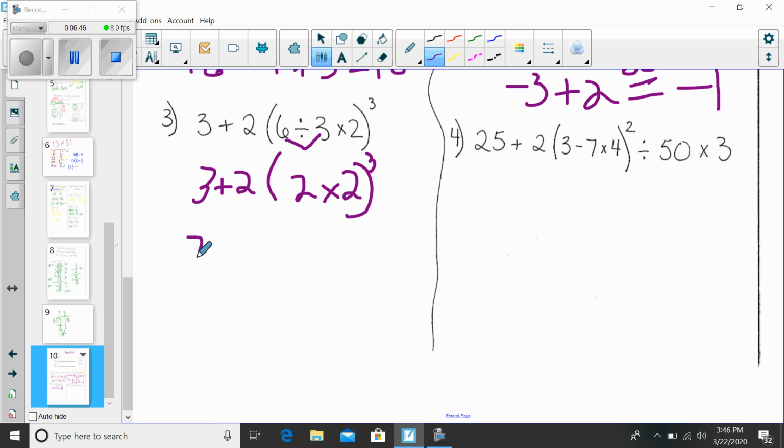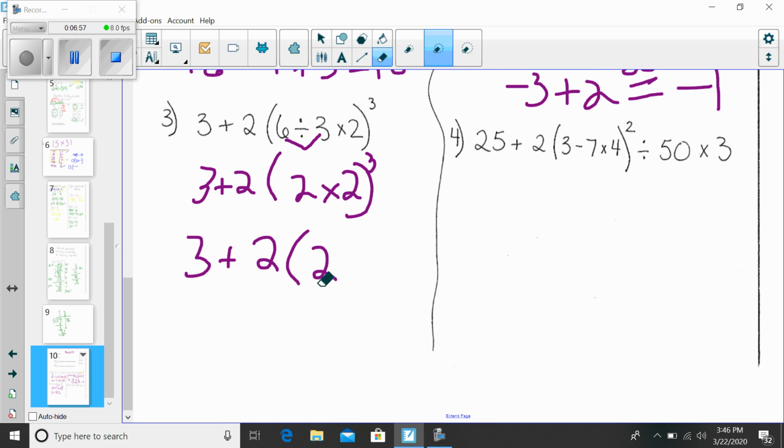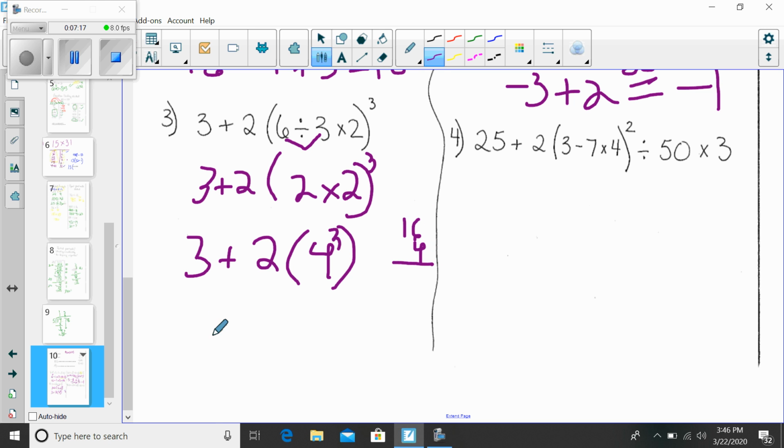And then I have to do 4 cubed. So let's see, 4 cubed. 4 times 4 is 16. 16 times another 4 is 64.